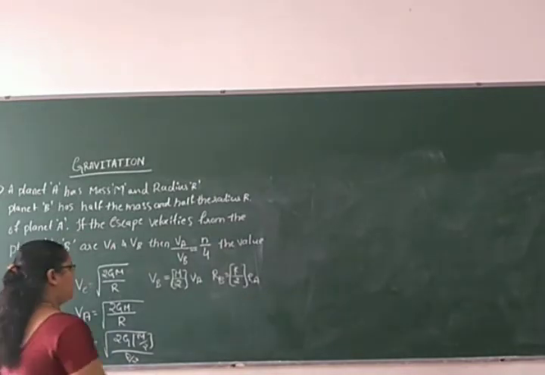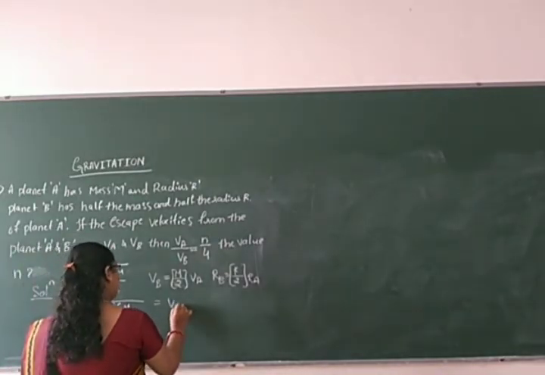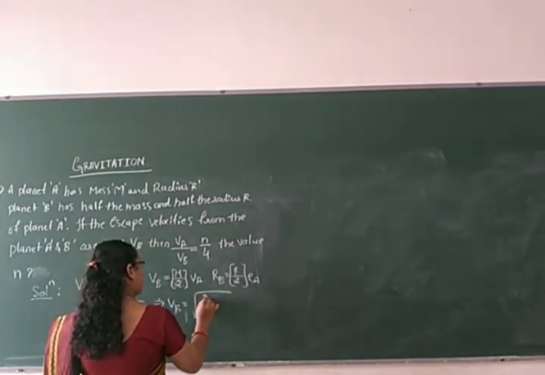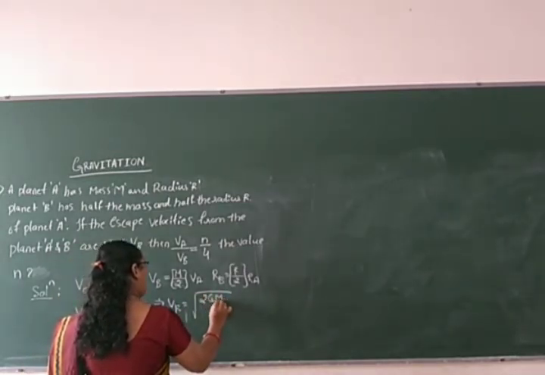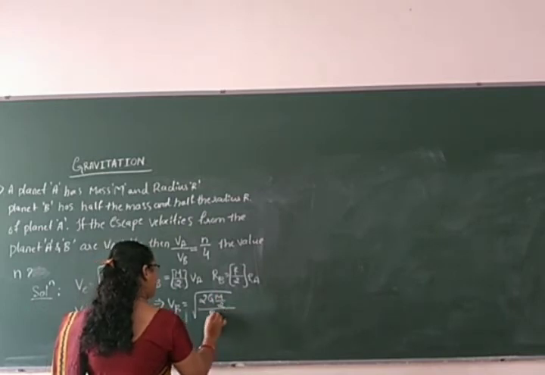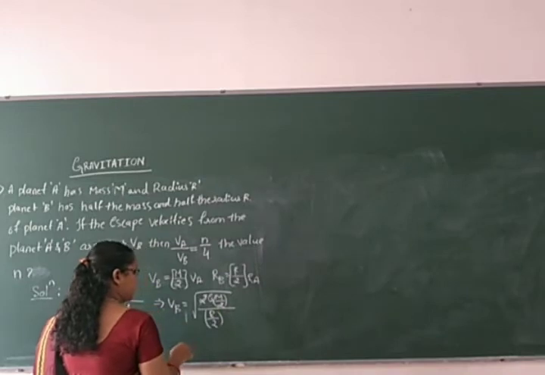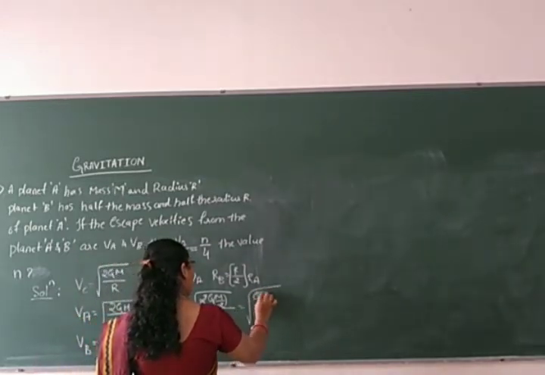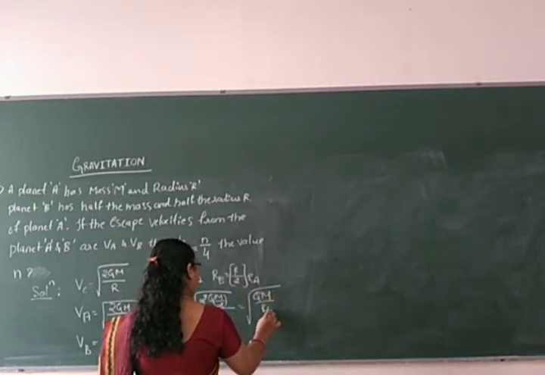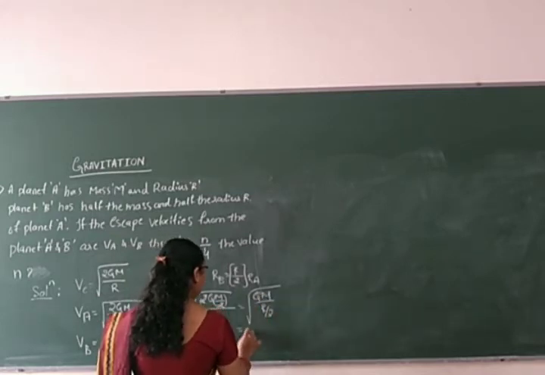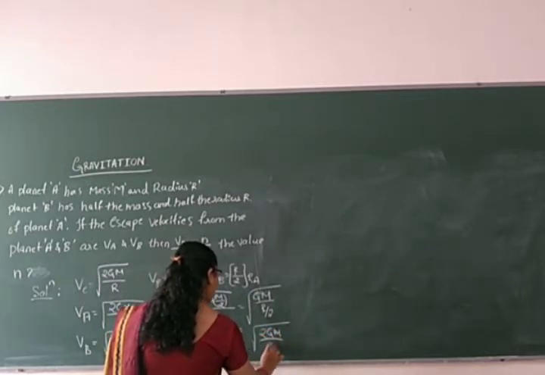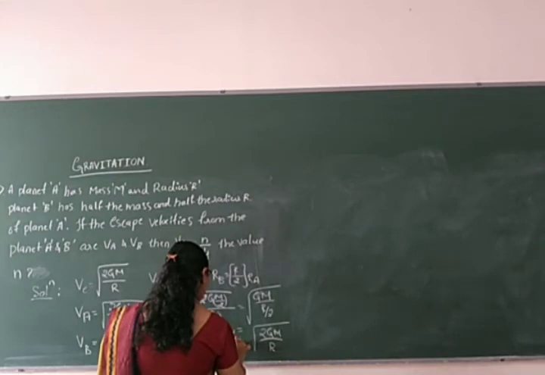Now what will we get here? vB is equal to root of 2GM by 2 divided by R by 2. So the 2s get canceled here. What is left? Root of GM by R by 2. So 2 comes up, and we get root of 2GM by R. So this is vB.